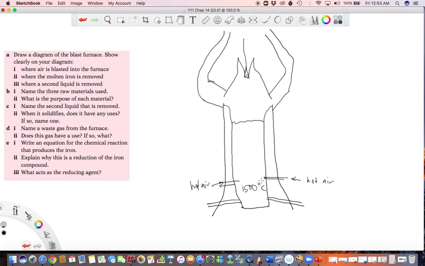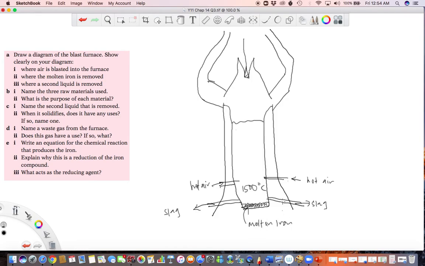Hot air goes into the bottom part of the furnace, and of course this is where slag comes out. So label as slag, and then at the bottom part here is where we collect molten iron. You can label that as molten iron.